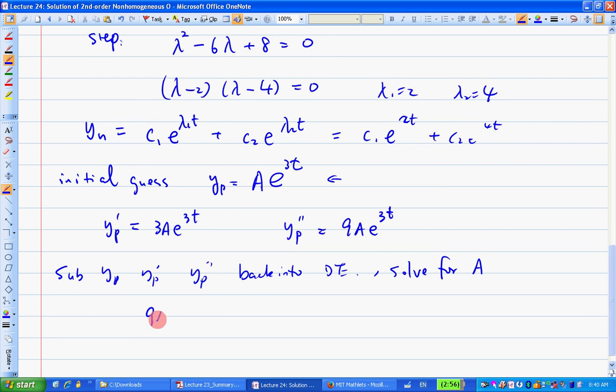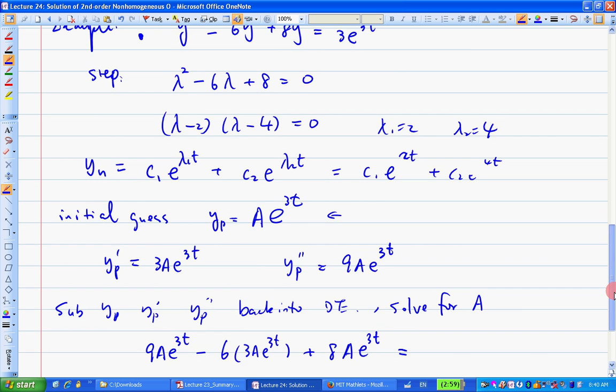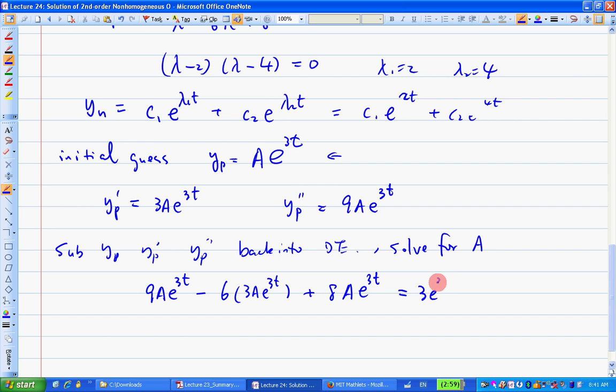I get 9A e to the 3t minus 6 times YP prime, and plus 8 times YP. So that's the left side, equal to your right side, which is 3 e to the 3t.